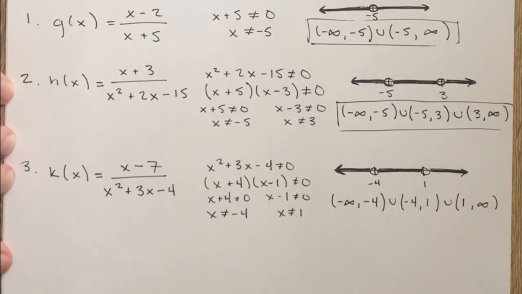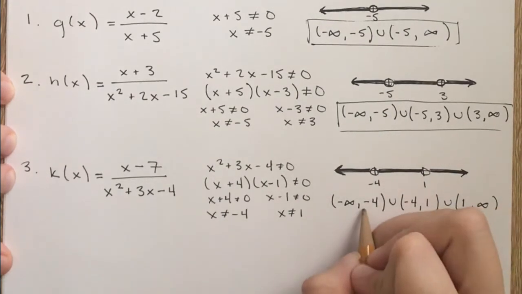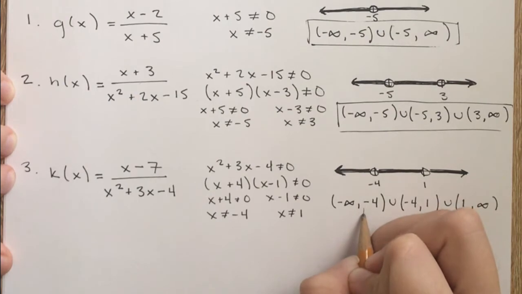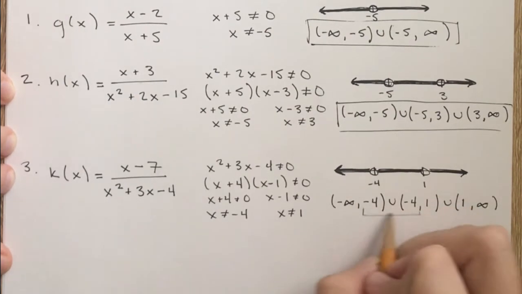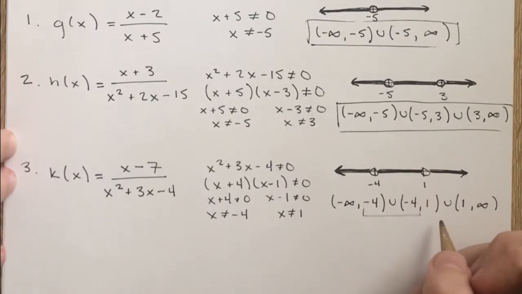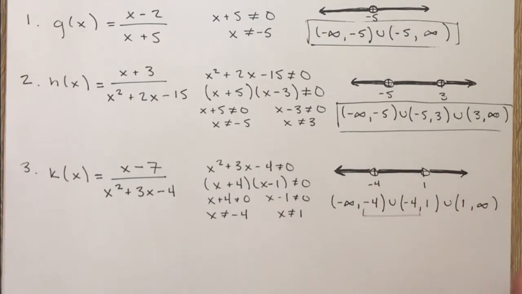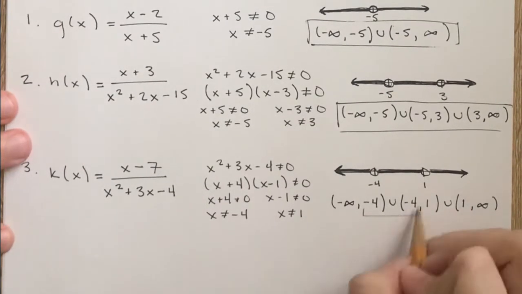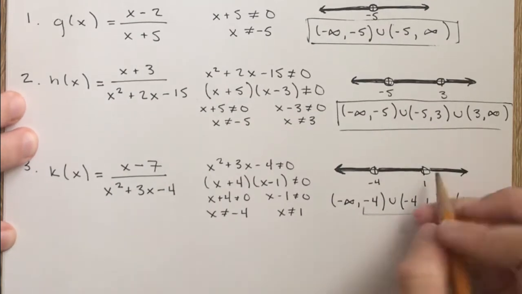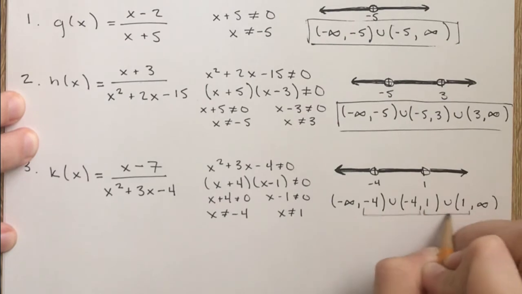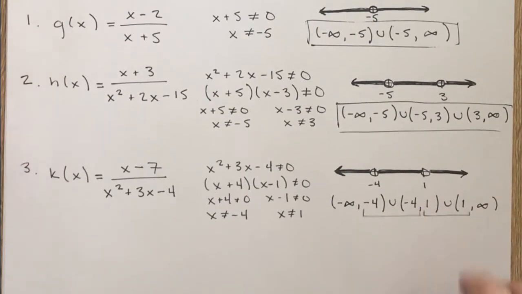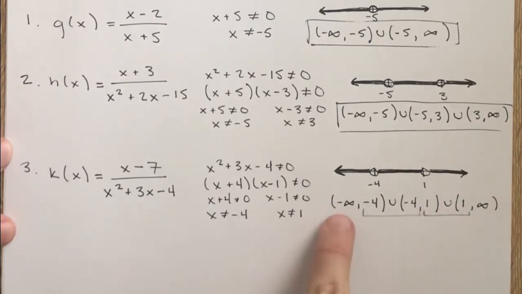Sometimes I find that it's helpful to think about this, instead of thinking about it as 3 pieces, thinking about this piece kind of as a set of symbols that are saying, I'm taking -4 out of the domain. And thinking of these guys as a set of symbols saying, I'm taking 1 out of the domain, right?